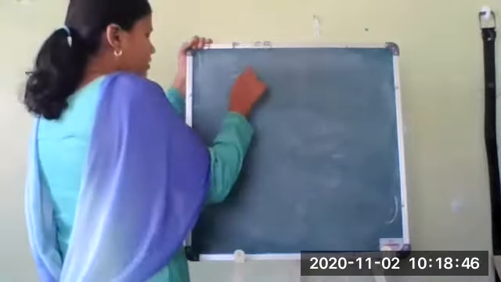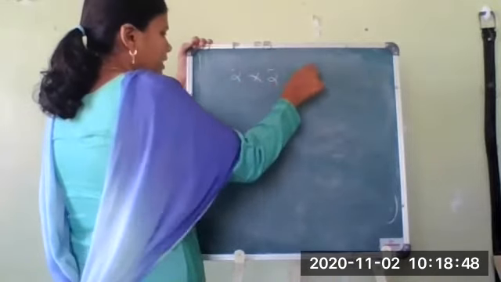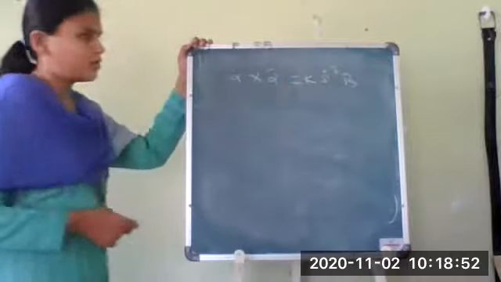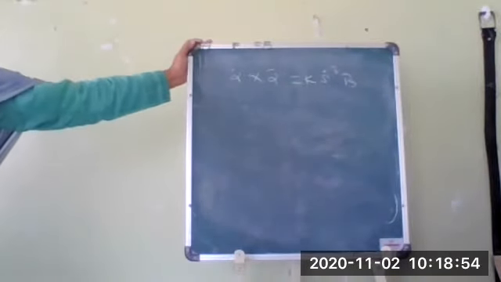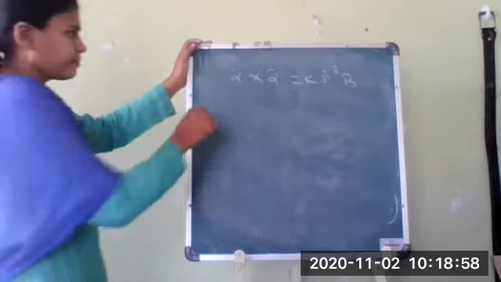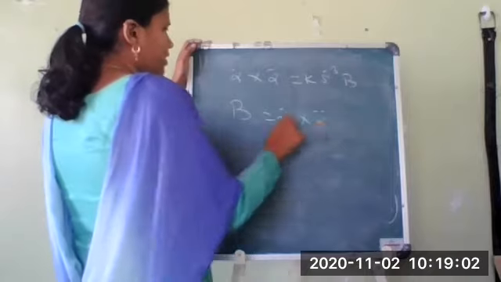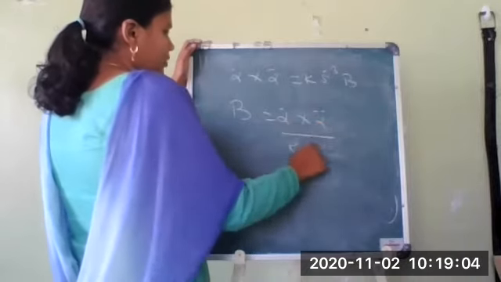Okay. So now what will be the expression for b? Just now we have obtained alpha dot cross alpha double dot equals k into s dot cube into b. Now if I write down the formula for k here, what do I get? b equals alpha dot cross alpha double dot divided by k into s dot cube.